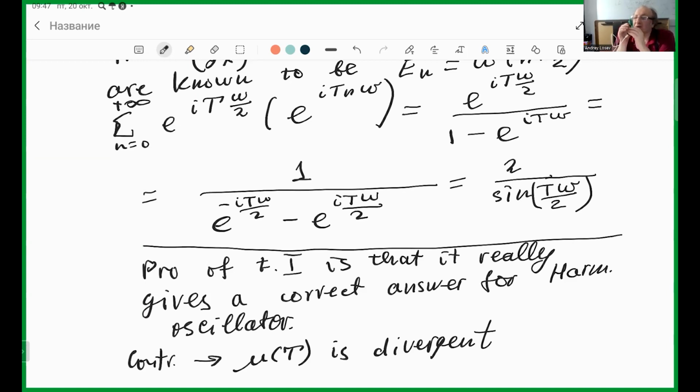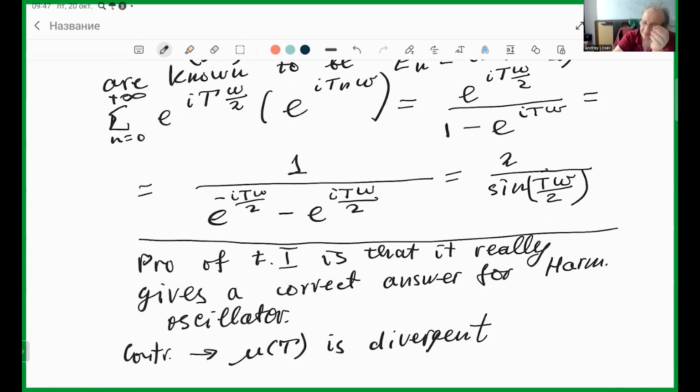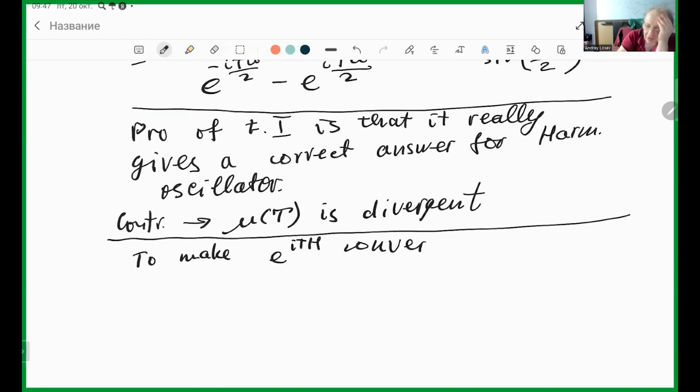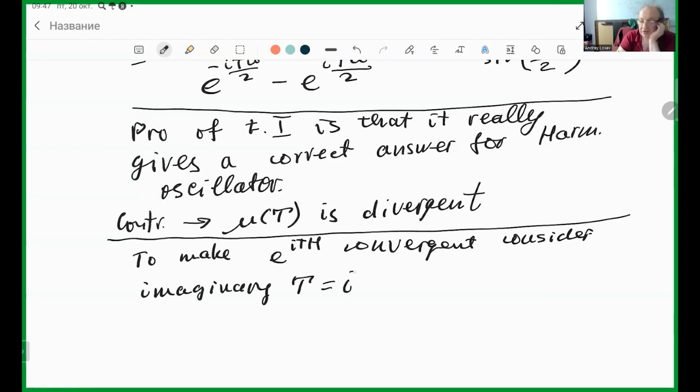Okay, to make e to the minus iHT convergent, consider imaginary time limit.